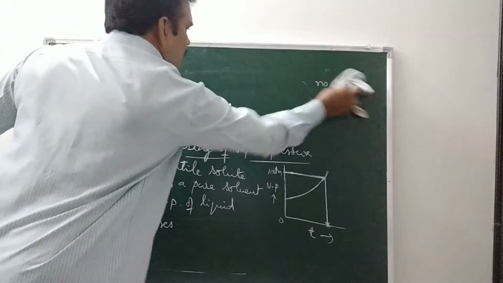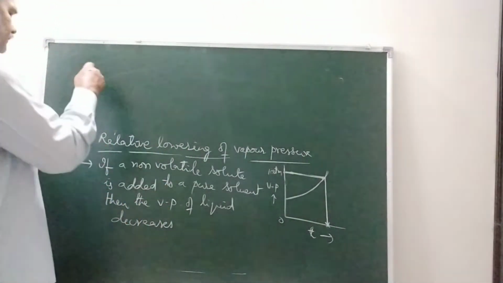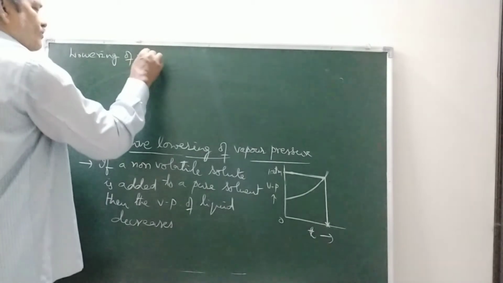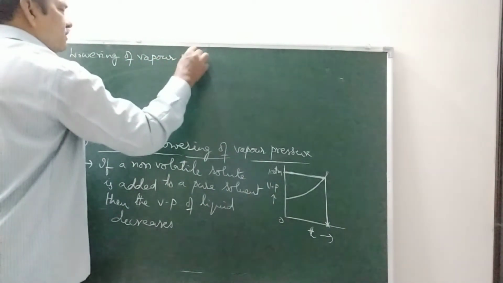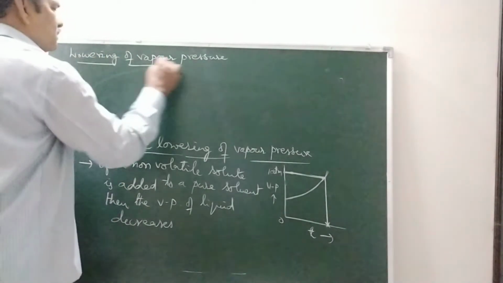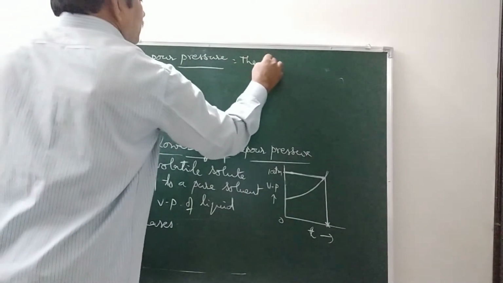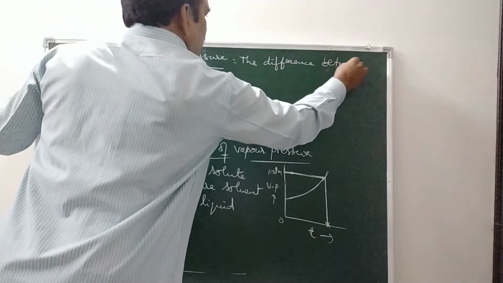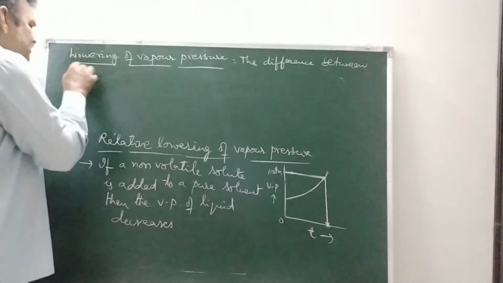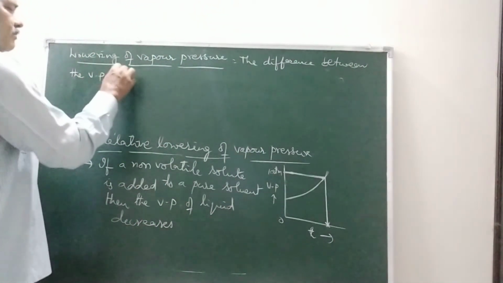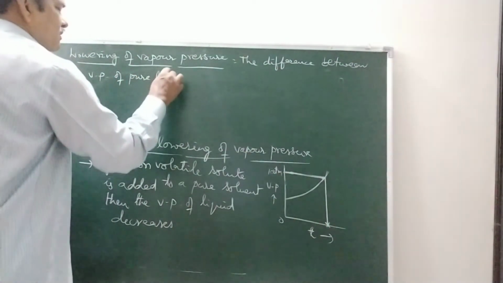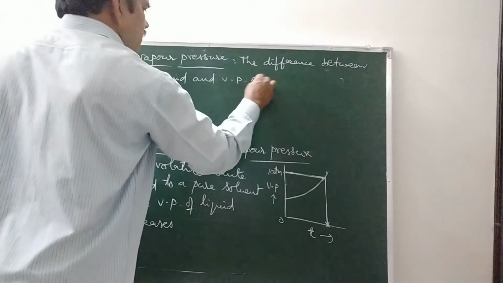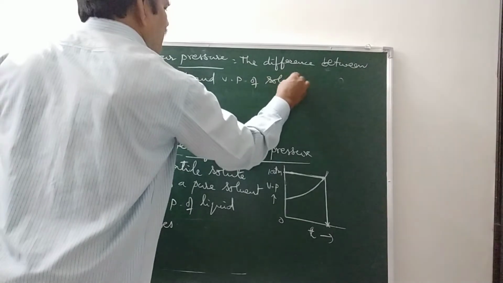So, how to define lowering of vapor pressure? The difference between the vapor pressure of pure liquid and the vapor pressure of a solution of a non-volatile solute.